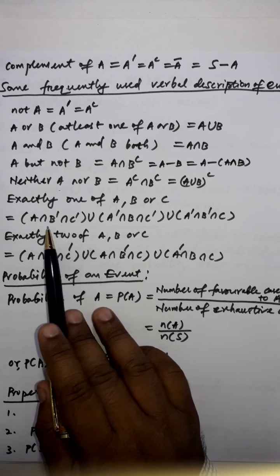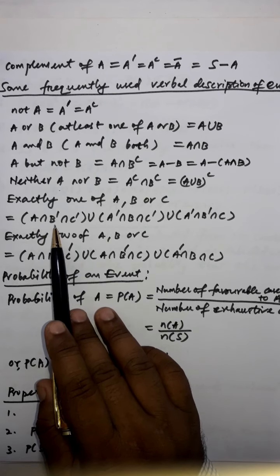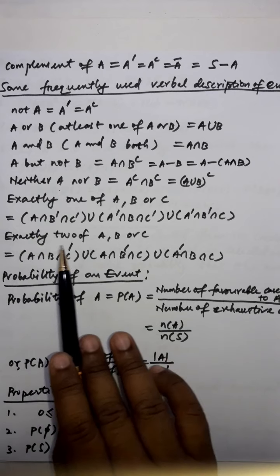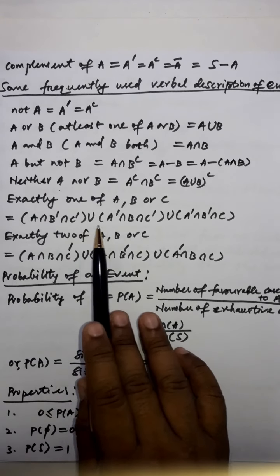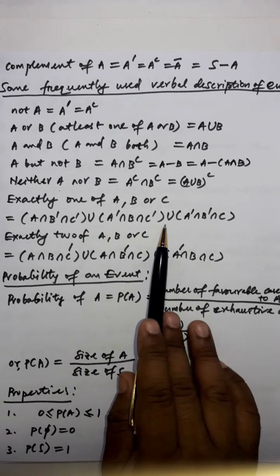If a complement is taken, that means it is not considered. If I am writing A intersection B complement intersection C complement, that means I am not including B and C, I am including only A. In this way three possible cases will come, and I have to unite them together to get the representation.